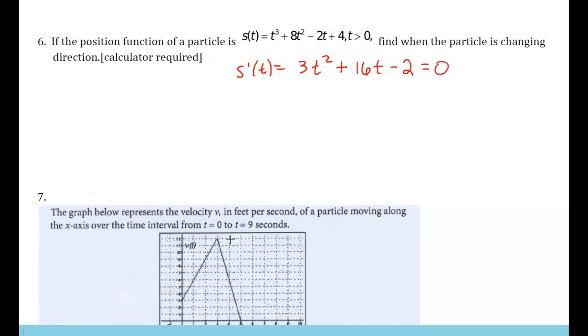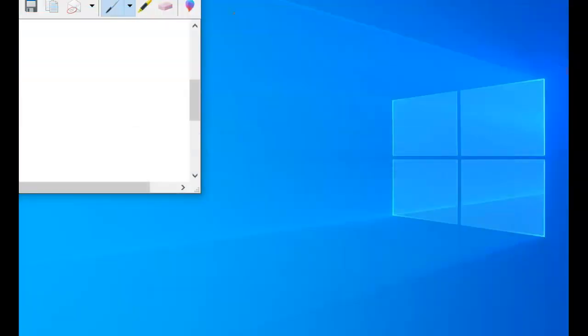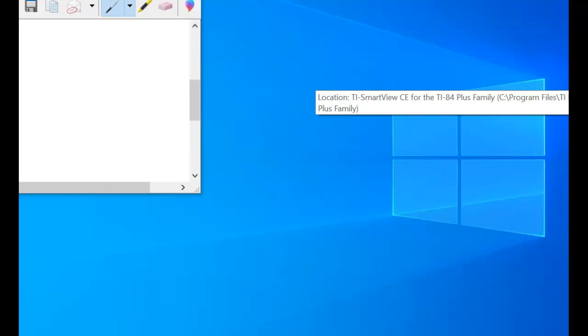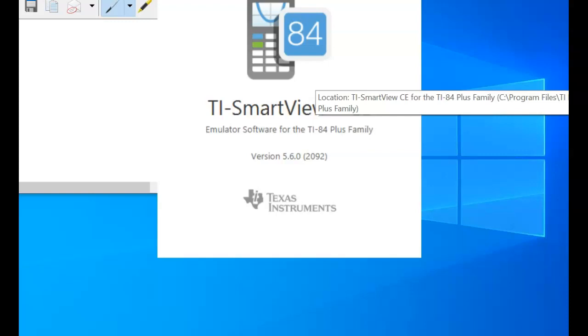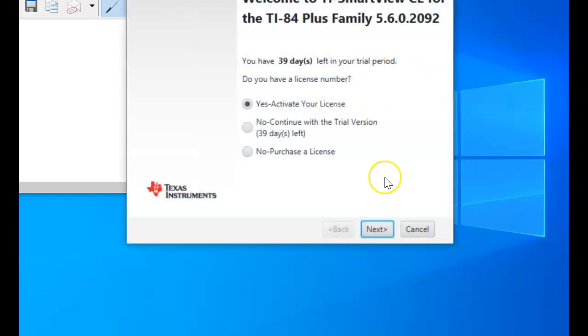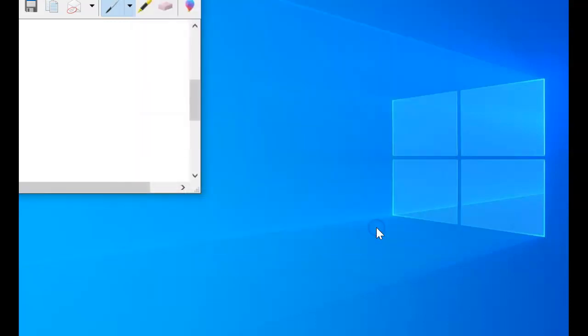Okay, so I'm going to actually just use Desmos because I don't have, I might have this available. Let's see if my Smart View is going to work. I have 39 days, so I'll just continue.